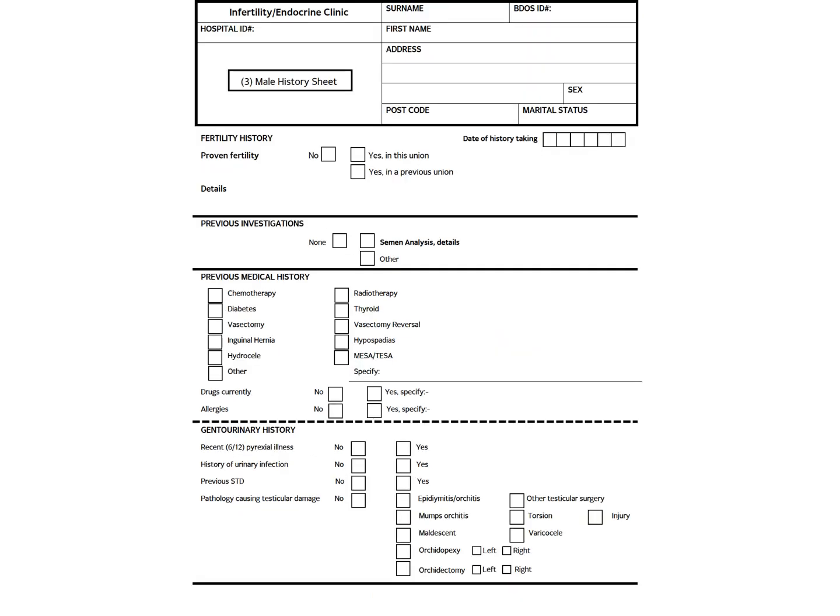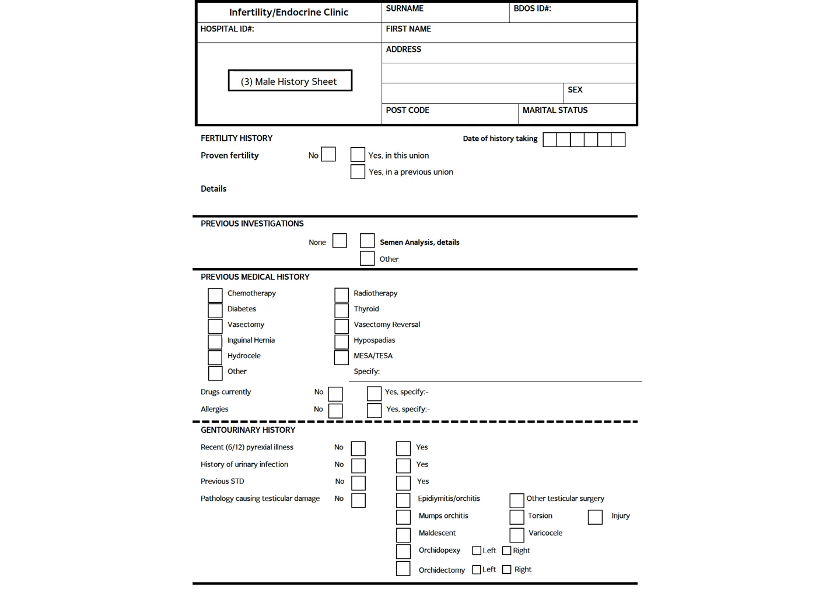So we have some similar questions for the man as well. Of course, we also want to know if he has had any fertility in the past and how long ago, because things happen. He might have had an 11-year-old kid, but then had some urethral stricture from a chlamydial infection or so on.